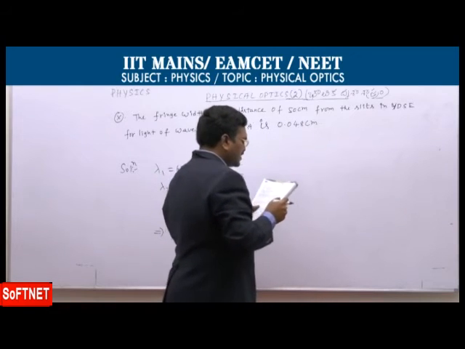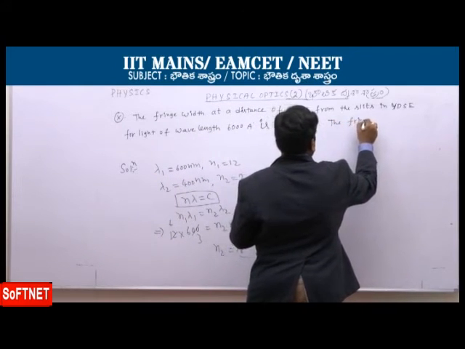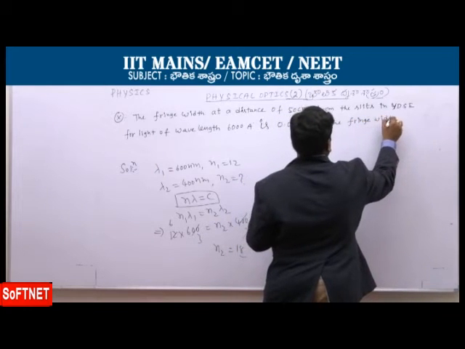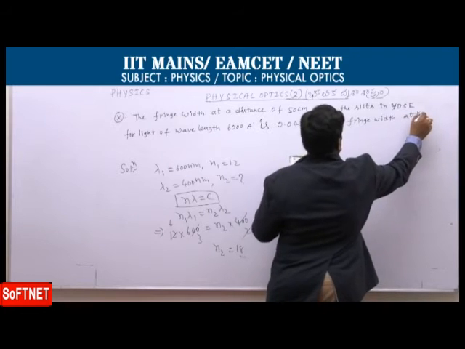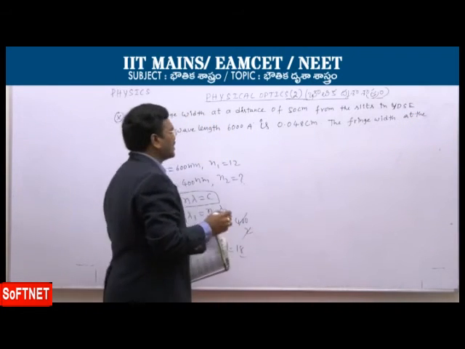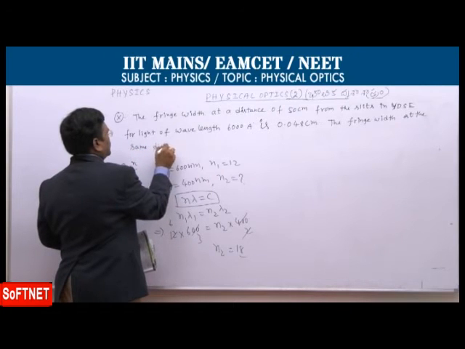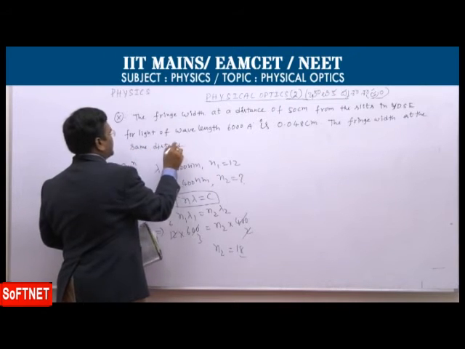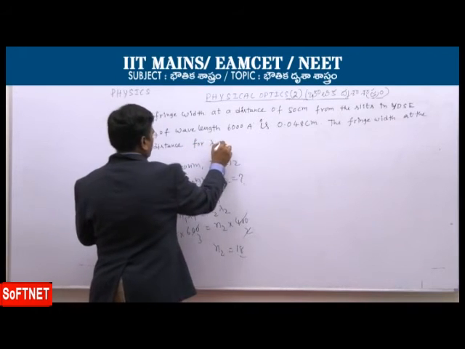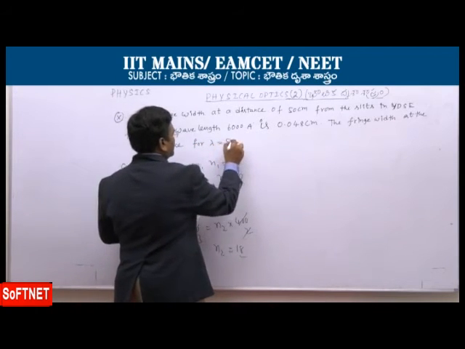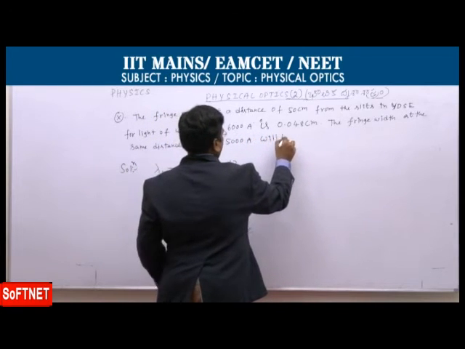The fringe width at the same distance for lambda equal to 5000 angstroms will be like this.